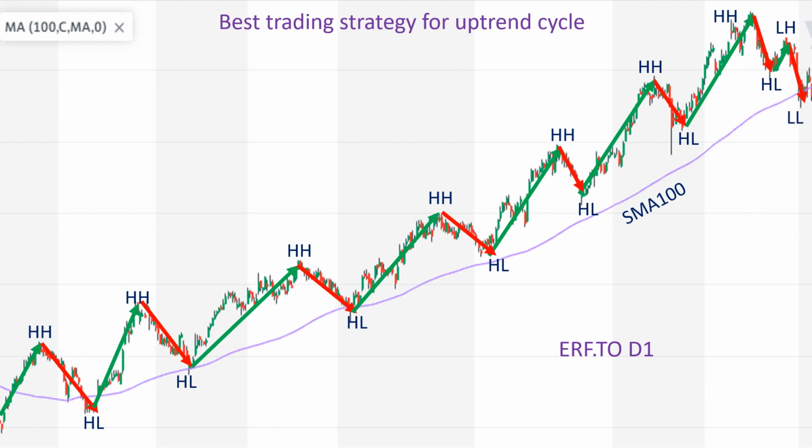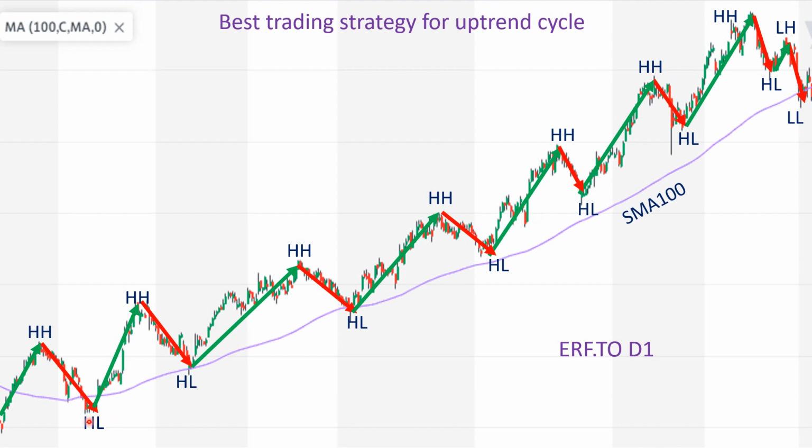So this is where the price broke the structure, and here we have to exit the trade. All of this trend is upward, and from here the trend is going downward. So this is where you exit the trade.